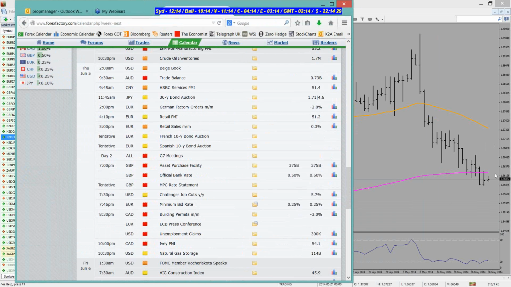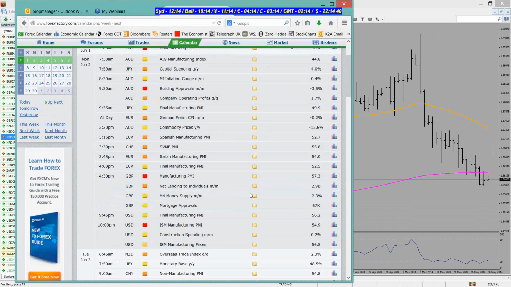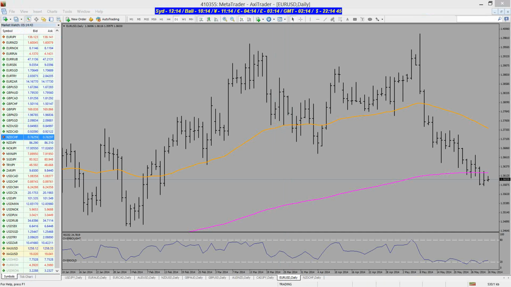So we've got till Thursday night for the Euro to put in a bit of a rally that will give us a shorting opportunity. And after Thursday, on Friday, we've got Canadian and US unemployment. So a huge week for data next week, which will hopefully give us some opportunities to get into the marketplace on something like the Euro.